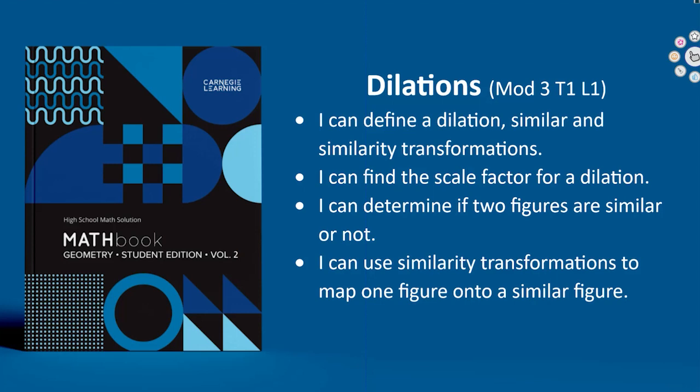We'll talk about how to find the scale factor for a dilation. We'll also determine if two figures are geometrically similar to each other or not. And finally, we will use similarity transformations to map one figure onto a similar figure.